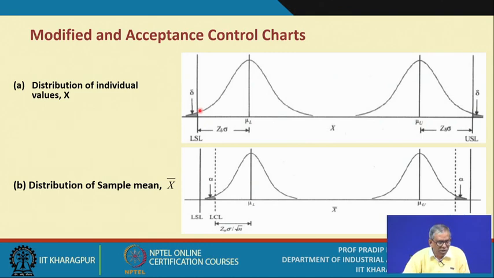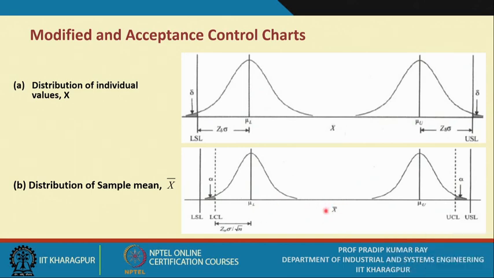So obviously you must know what is the distribution of the sample mean, that is x bar. So what do you try to do? Now you have the lower limit for mu, that is mu L, and the upper limit for mu, that is mu U, and then you consider the distribution of x bar.